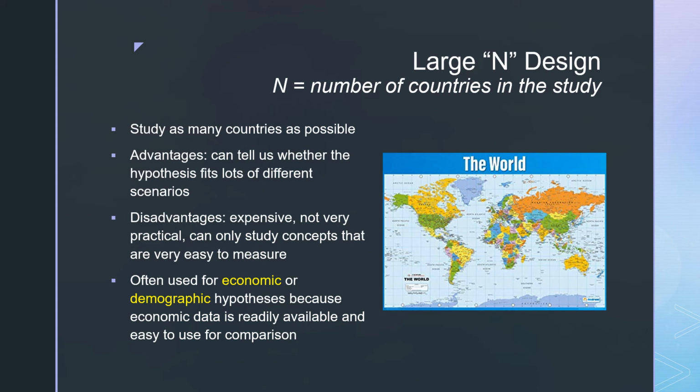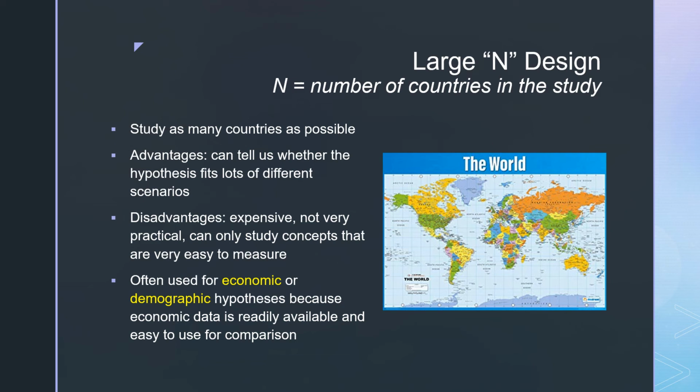And so therefore, in a large N design, you're sort of limited to the type of questions that can be answered by readily available measurements. So it's often used for economic or demographic hypotheses, demographic meaning having to do with the population, because economic and demographic data, geographic data, are readily available and very easy to use for comparison.